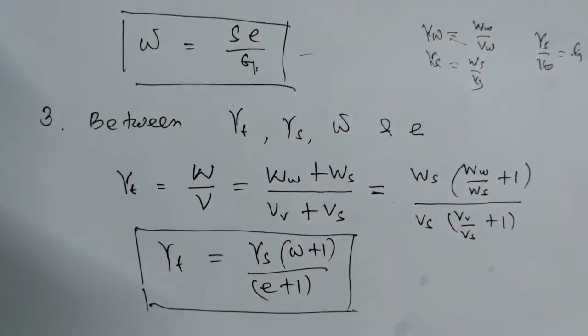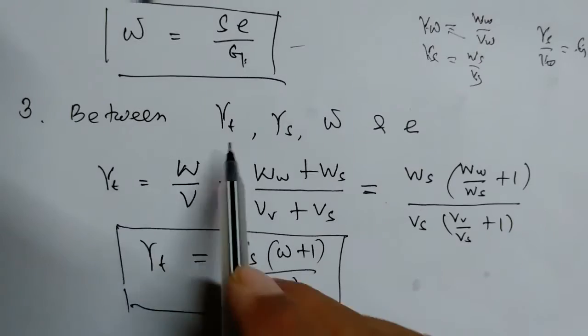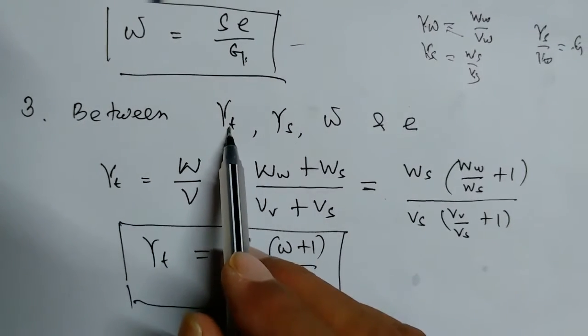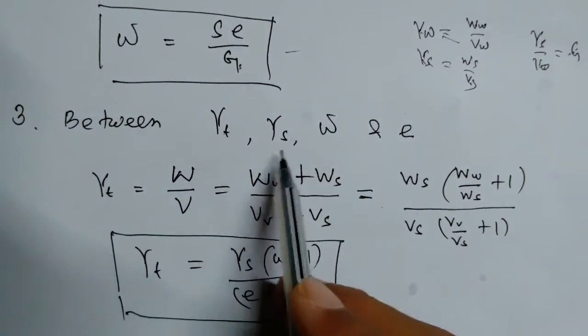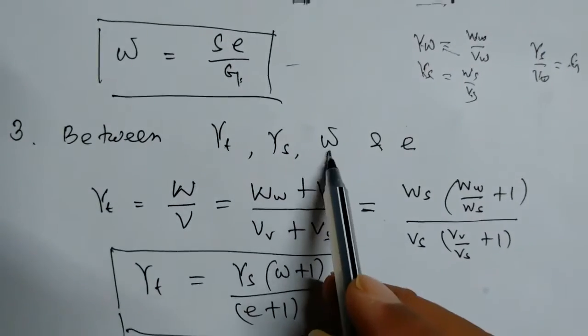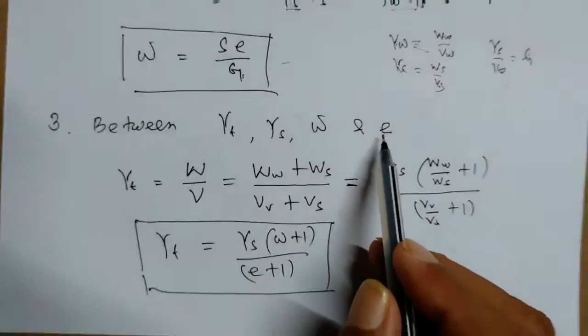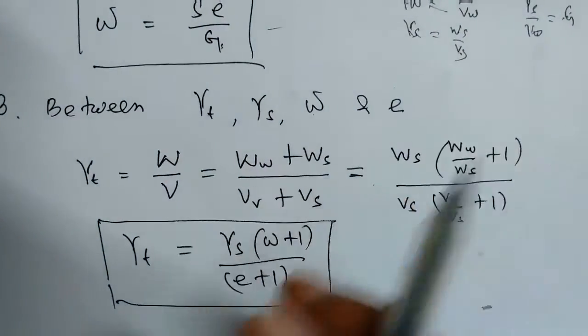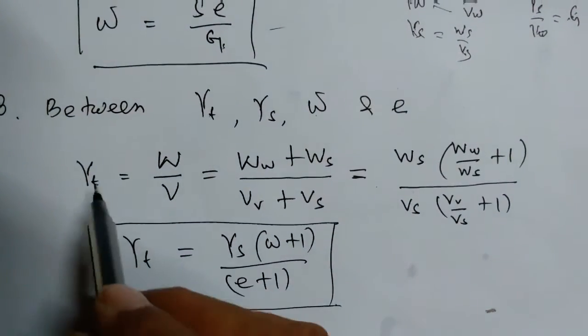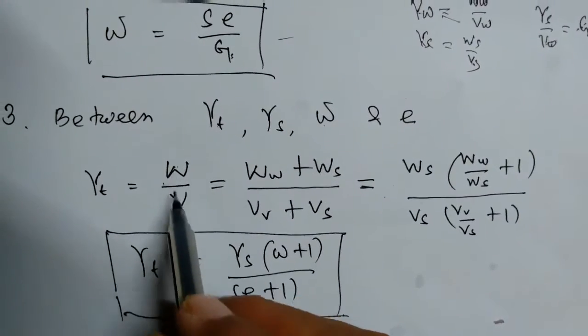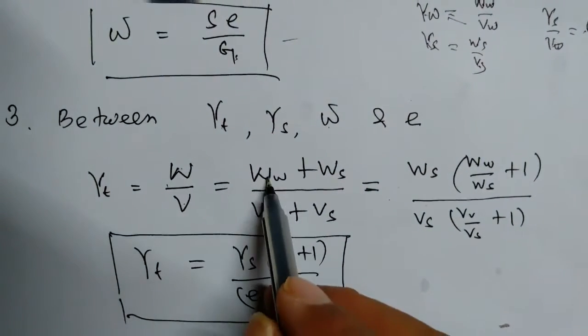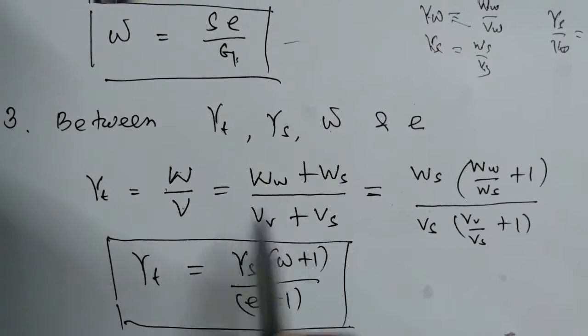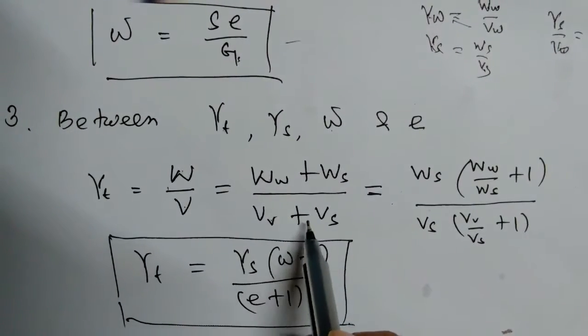Relation number 3, a relation between bulk unit weight or total unit weight, specific gravity of solid, water content, and void ratio. Among these four, there can be a relationship. There can be a formula. Let us start. So gamma T, if it is written as W by V, this W can be written as weight of water plus weight of solid. Similarly, volume will be volume of void plus volume of solid.